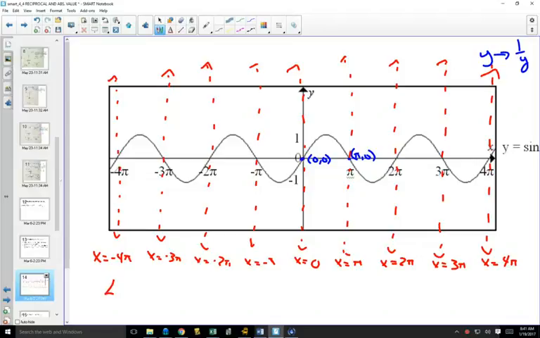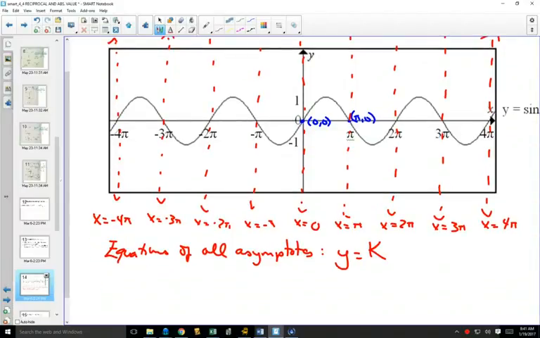If we wanted to write the equations of all the asymptotes all at once, how would we write that? Do you remember how you wrote the equation for all of the zeros? Yes. So it would be k pi, where k is an integer, because k can be any positive or negative whole number.